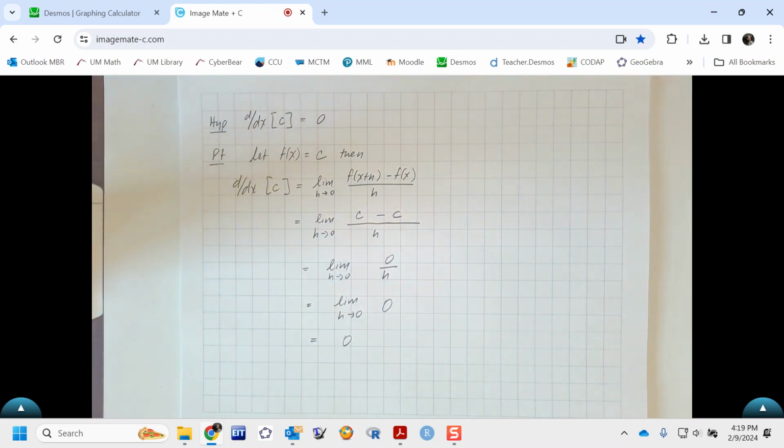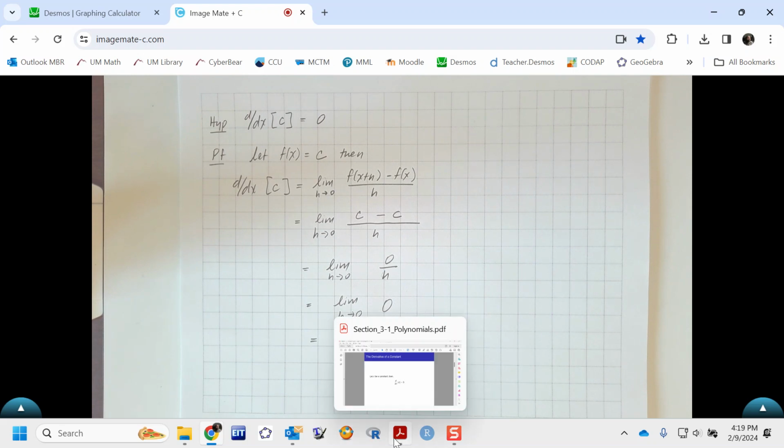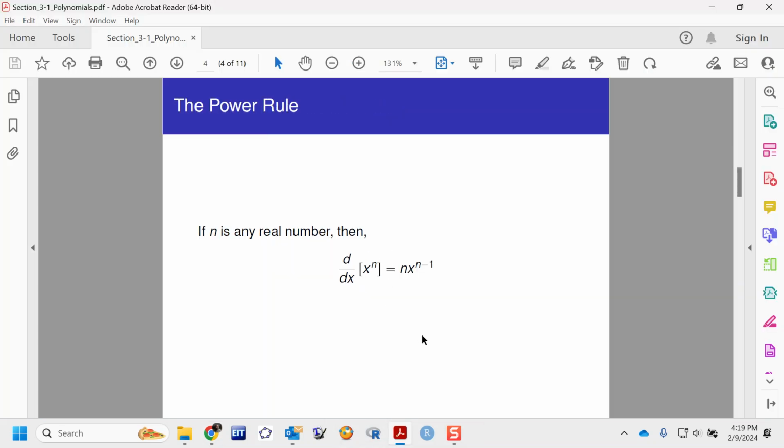Okay, so there's the first task done. Let's go ahead and go to a much more difficult task, and that's this one. It says if n is any real number, then d by dx of x to the n is equal to n times x raised to the n minus 1.